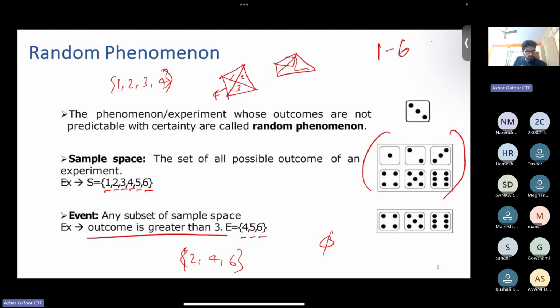And even the whole sample space can be an event. If the event is any number when rolling a die, that is also an event. So the entire sample space can also be an event.